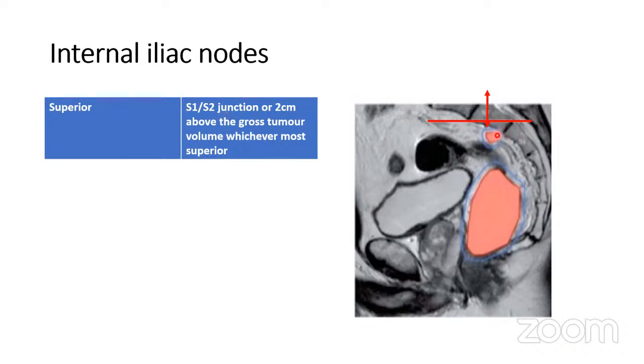So that gives us the rationale for keeping the upper border at the S1, S2 junction. And if you have a tumor there, then we need to go at least 2 centimeters above it. So whichever is more superior, we have to go there. Just see the uppermost extent of the gross tumor disease and decide your superior border for your target volume delineation.